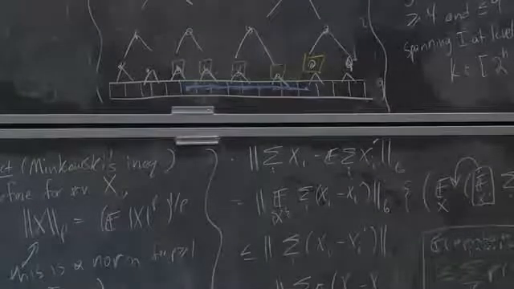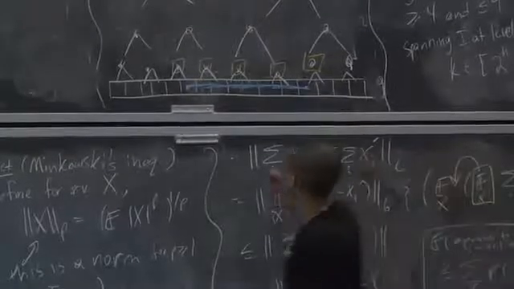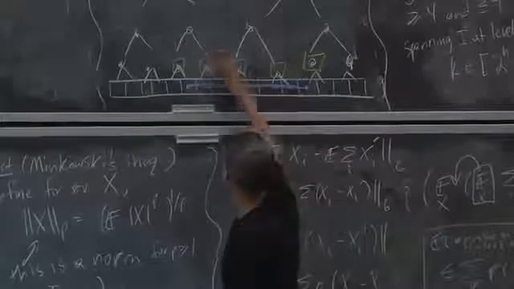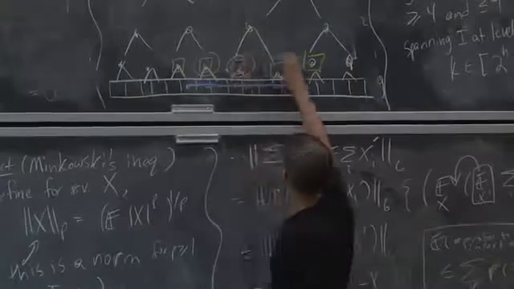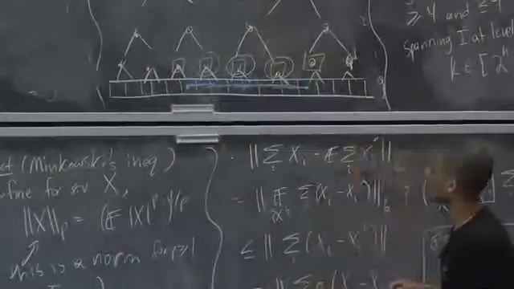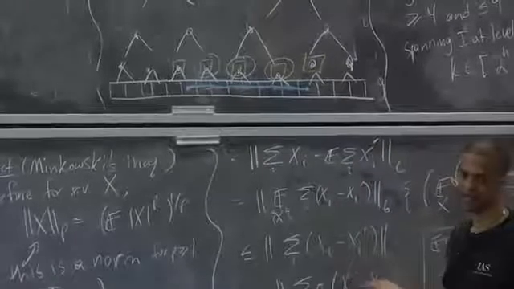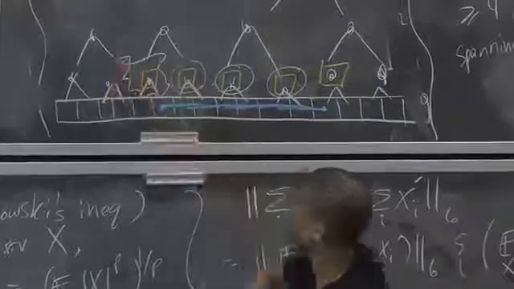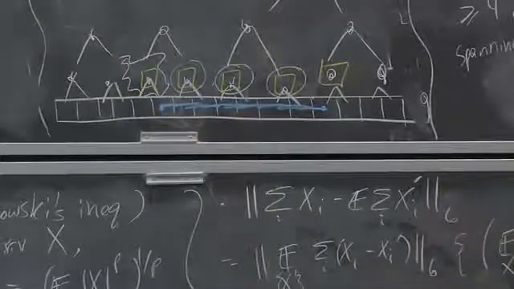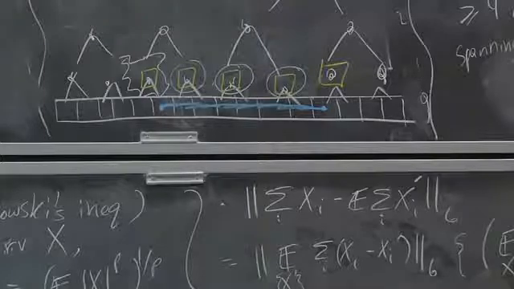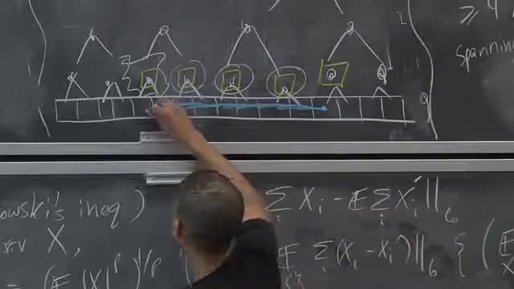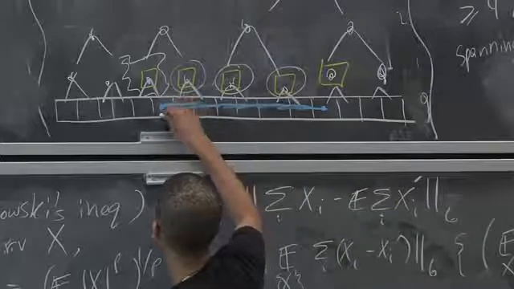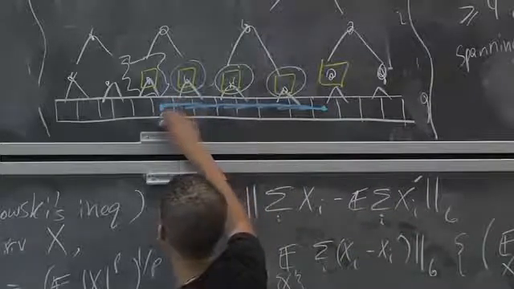And what I want to say is these guys are completely occupied. And this guy here might not be completely occupied. Okay. But I claim that every guy had to start their hashing from at least here. So every guy started his hashing from at least here.